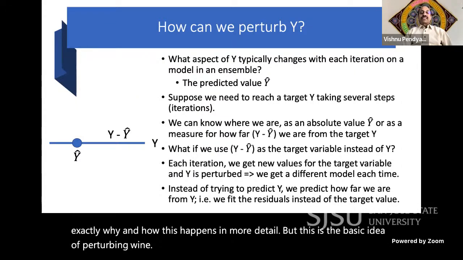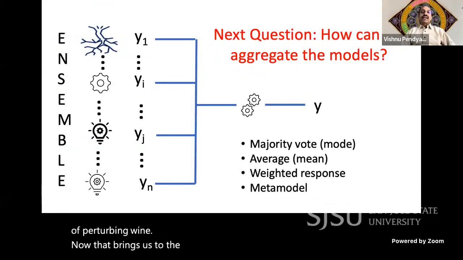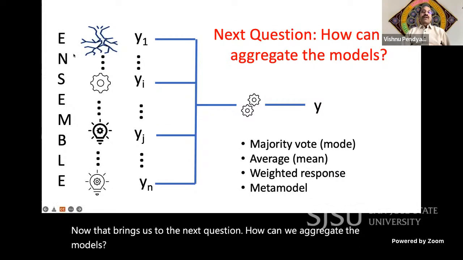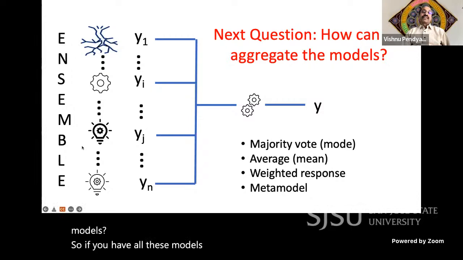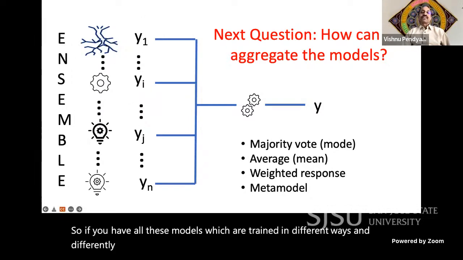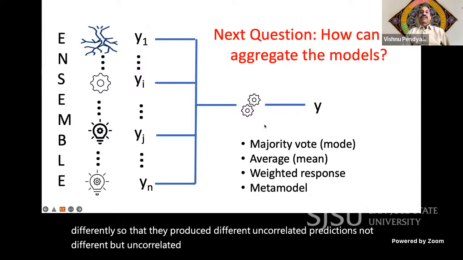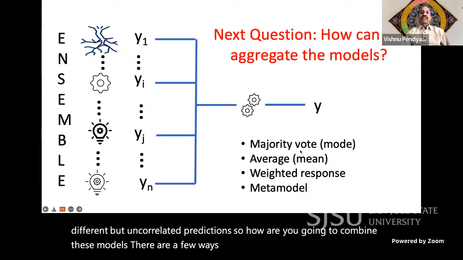Now that brings us to the next question. How can we aggregate the models? We have all these models which are trained differently, so that they produce uncorrelated predictions. So how are we going to combine these models? There are a few ways. One, we already talked about, is a majority vote.